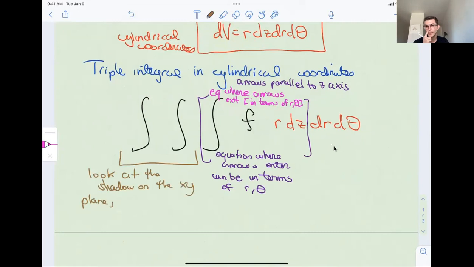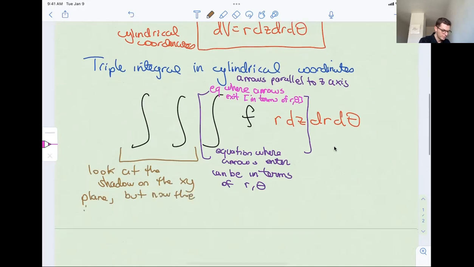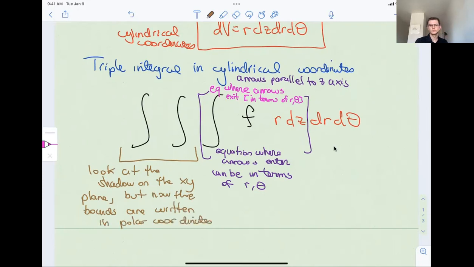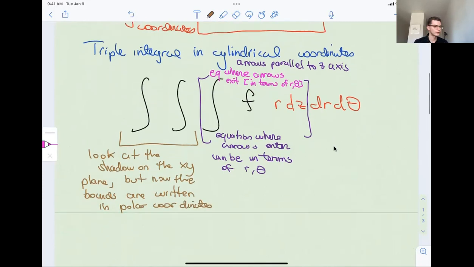But now the bounds of this shadow are written in polar coordinates, not x and y, right? Is that okay? So let's do an example so that you see how this works.